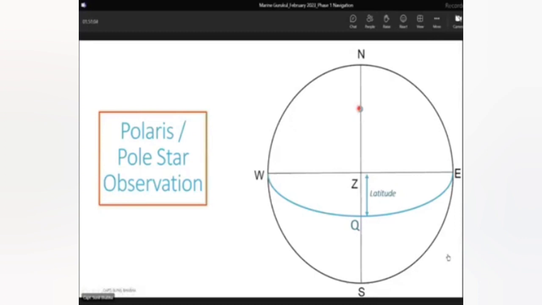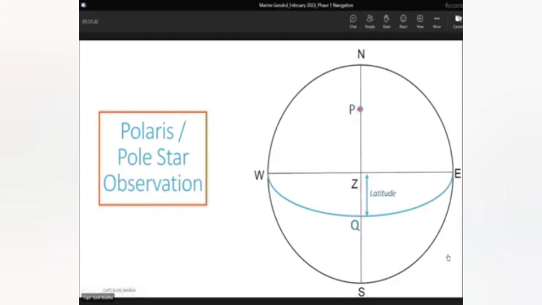The observer is in the north hemisphere, so the pole which will be visible to him will be the north celestial pole. The south celestial pole is going to be below his horizon. The south celestial pole will be 90 degrees south of the equinoctial or the Q point, and it will be below the horizon of the observer. So we have the pole shown in the diagram now. Let's mark the pole with point P.